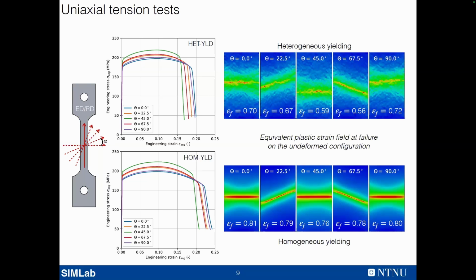But in the heterogeneous one, we get a lot of heterogeneity and gradients of plastic strain on the surface of the specimen. We also see that the local failure strain, when the first element is deleted from the simulation, varies with material orientation, and it's also quite different from the homogeneous one. So there are some inherent differences between the heterogeneous and the homogeneous modeling.